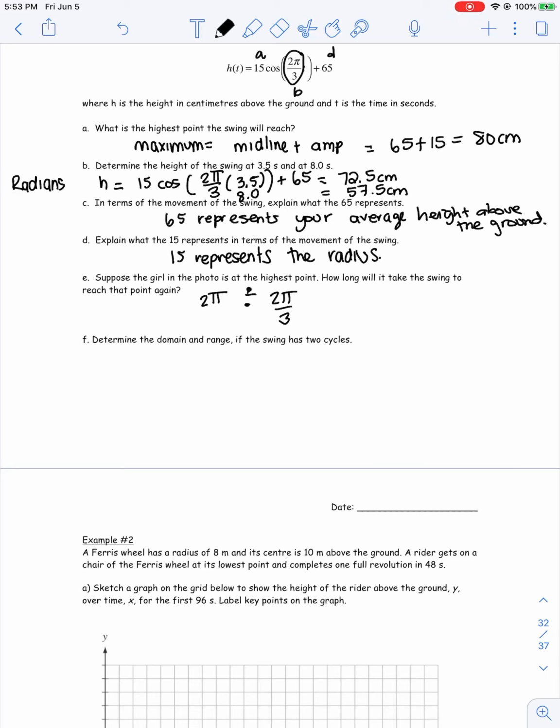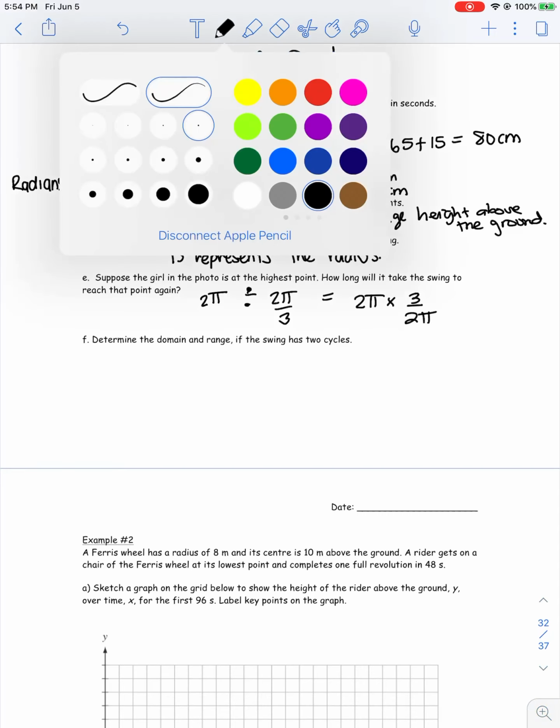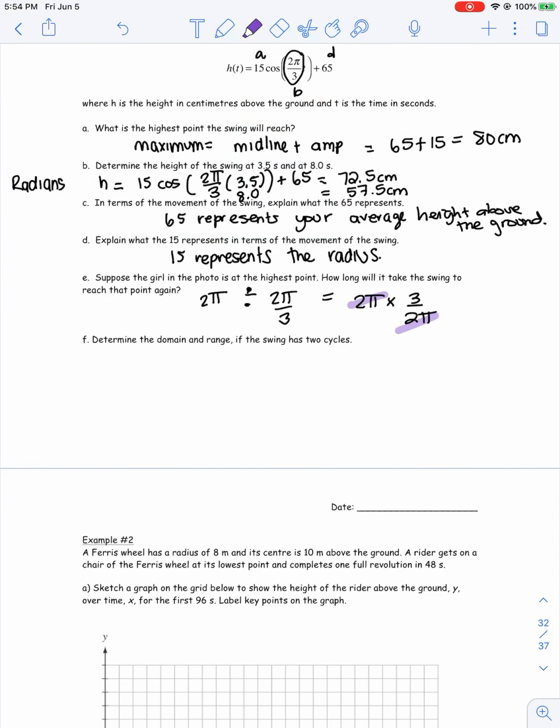So we need to take 2 pi divided by B. So to solve that 2 pi, we're multiplying it by the reciprocal of that second fraction, 3 over 2 pi. That will cross these 2 pi's off, leaving us with an answer of 3. So that's going to take us 3 seconds for the swing to return to its original highest point.